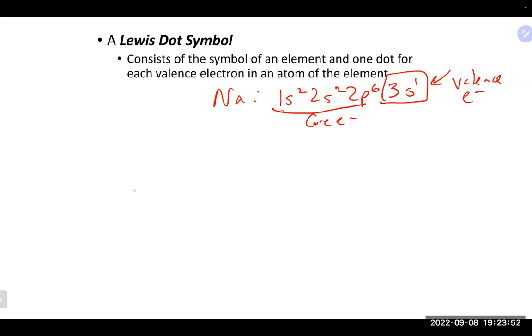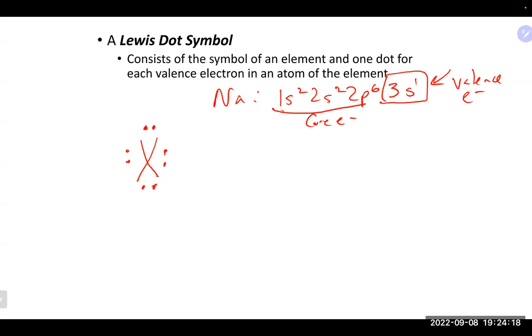And typically, Lewis symbols are the symbol and one dot to represent each valence electron. There's no real big rule except that you shouldn't go more than 2 per side, right? So a lot of times people will do 1 on each side and then come back and fill it up. Does it really matter? It doesn't, as long as you typically don't go over 2 per side.